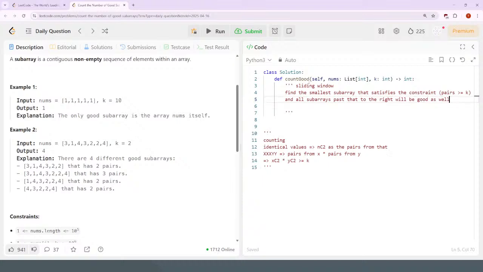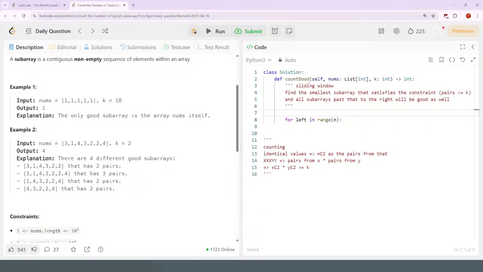So I think the left side needs to be fixed. Yeah, I think the left side needs to be fixed. So for left in range n, you'd also have the right side be fixed.